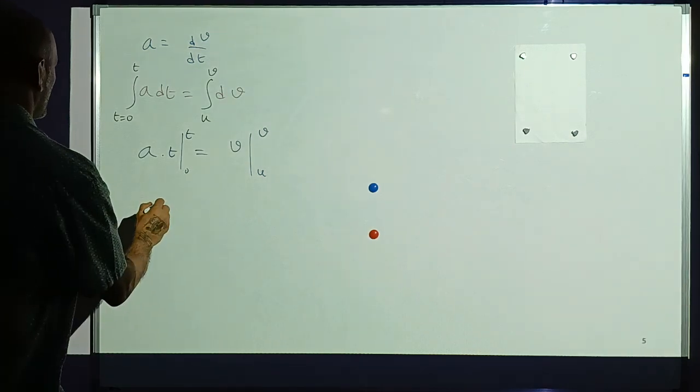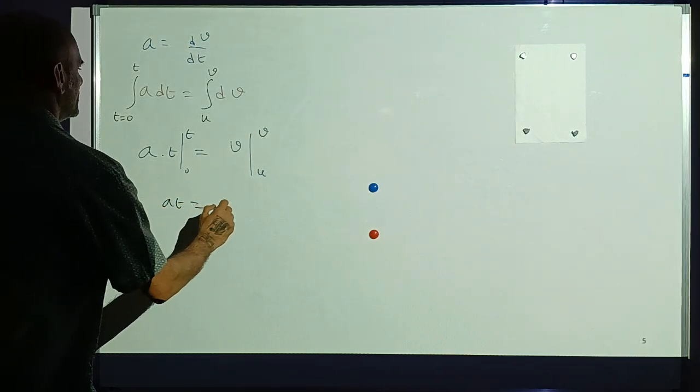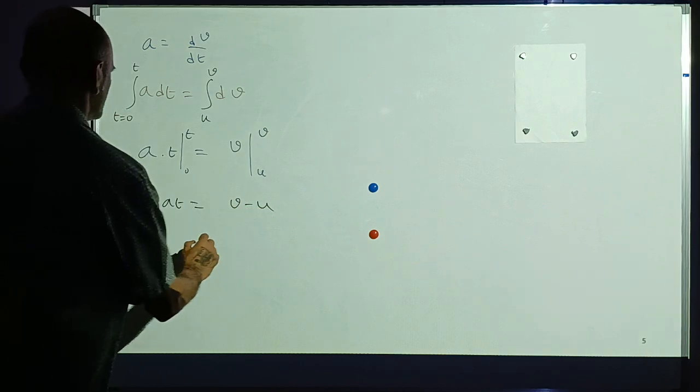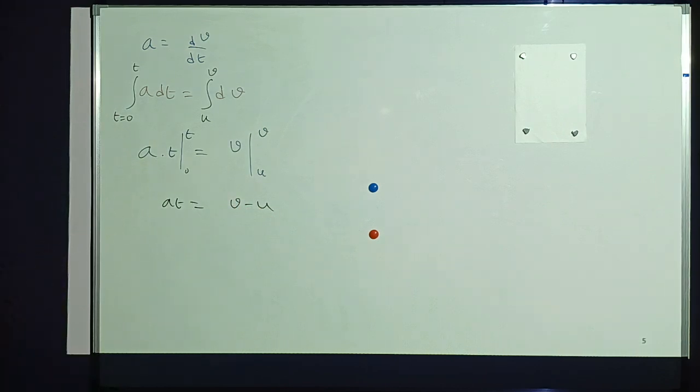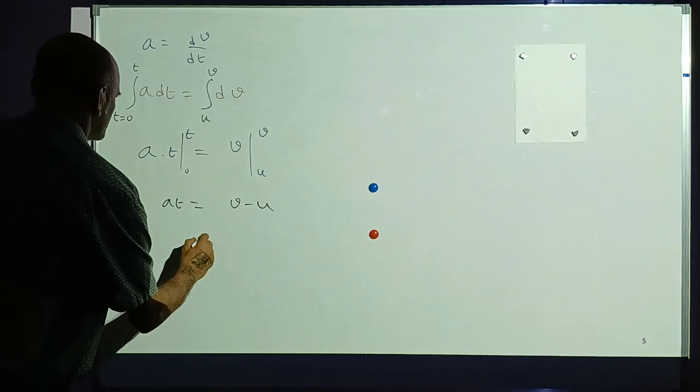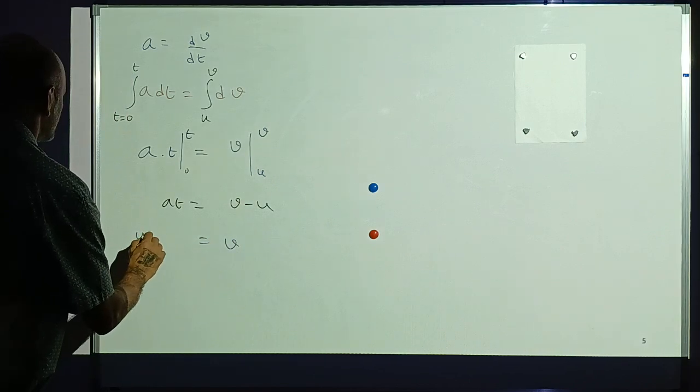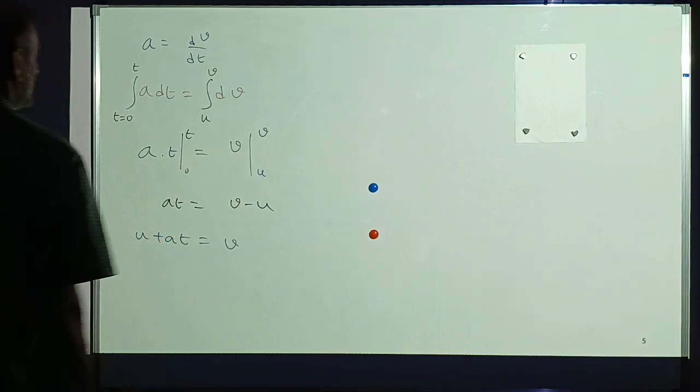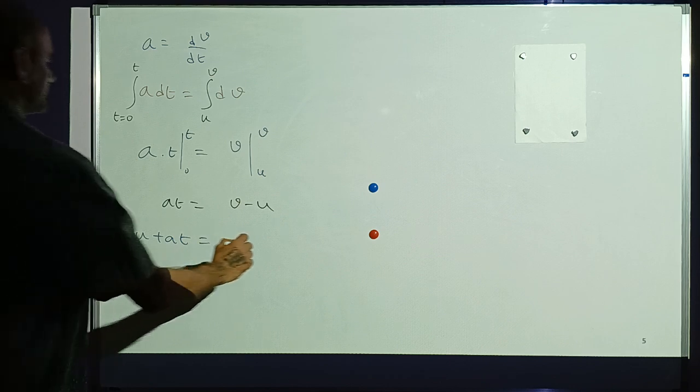So this will give at equal to v minus u, that is, velocity at any time v is the initial velocity plus acceleration into time. So this is first equation of motion.